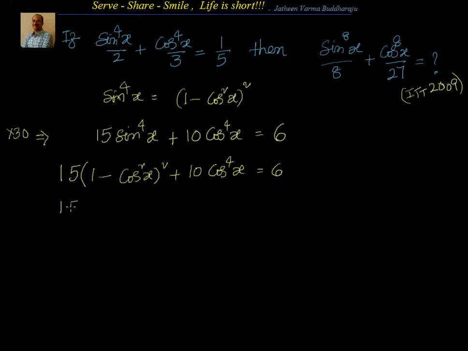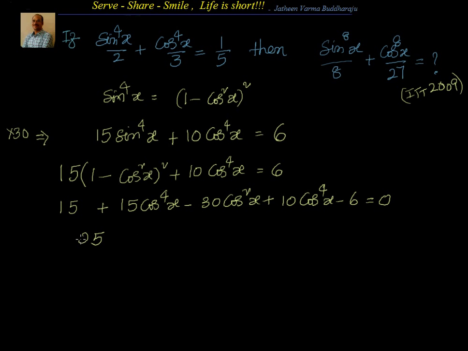Now if you expand this, I'll have 15 plus 15 cos to the power of 4x minus 30 cos square x plus 10 cos to the power of 4x minus 6 is equal to 0. Simplify that, we will have 25 cos to the power of 4x minus 30 cos square x plus 9 is equal to 0.